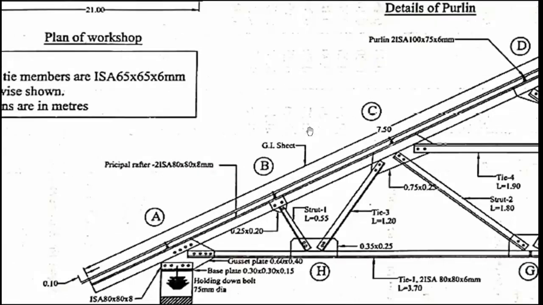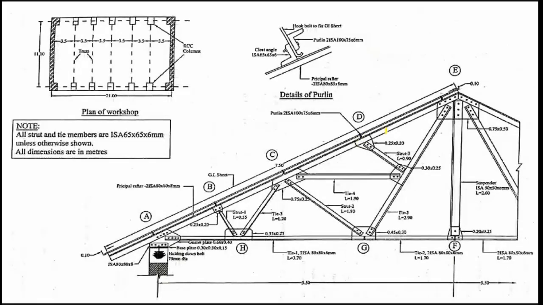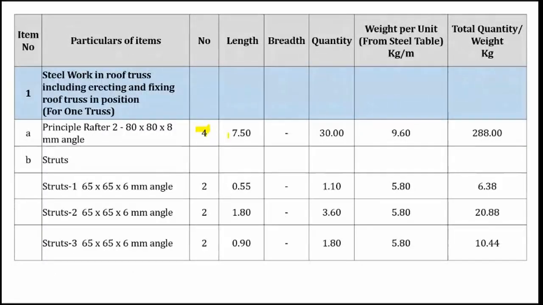That is going to give the quantity. Everything is given, and only one thing you have to take from the steel table. If you multiply you'll get the answer. So that simple is the calculation of steel truss.